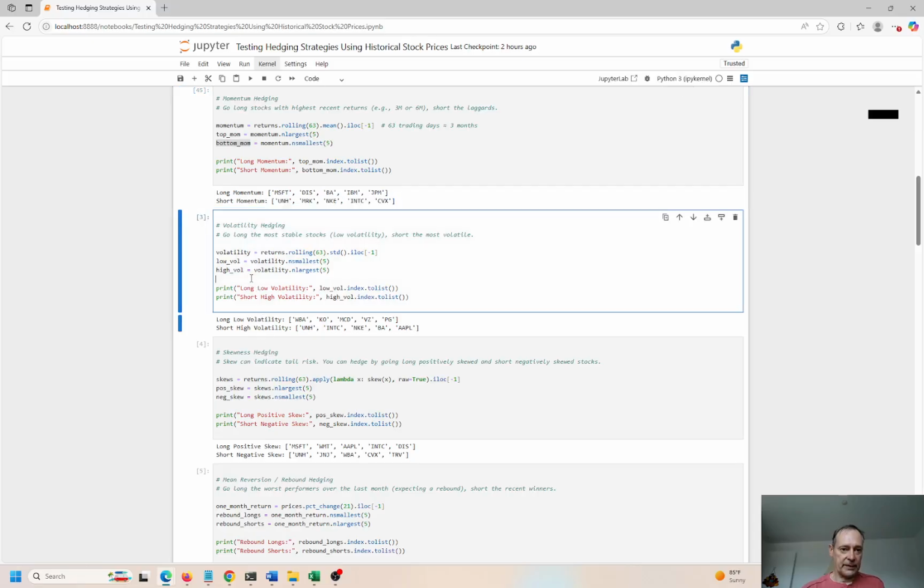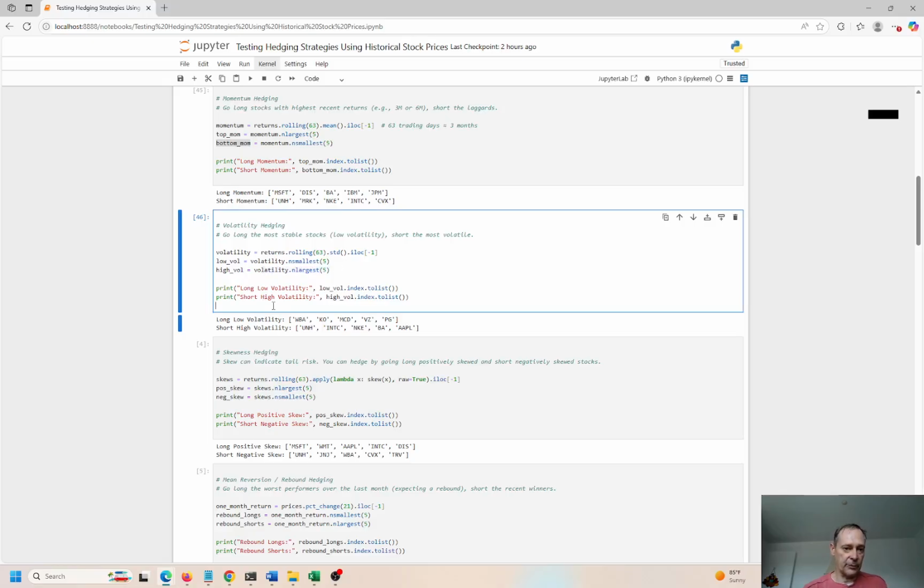Let's go back and let's go down here and look at another. So this is an example of volatility hedging. So again, we're looking at the returns rolling 63 periods. Okay, going back in time, just 63 days back in time. And we're looking again at the N smallest and N largest. So the lowest volatility is N smallest, the largest is N largest.